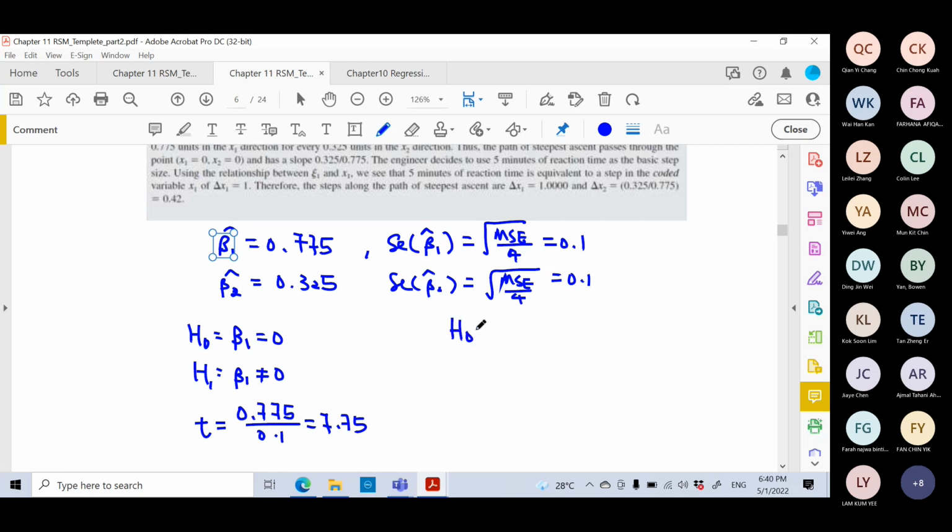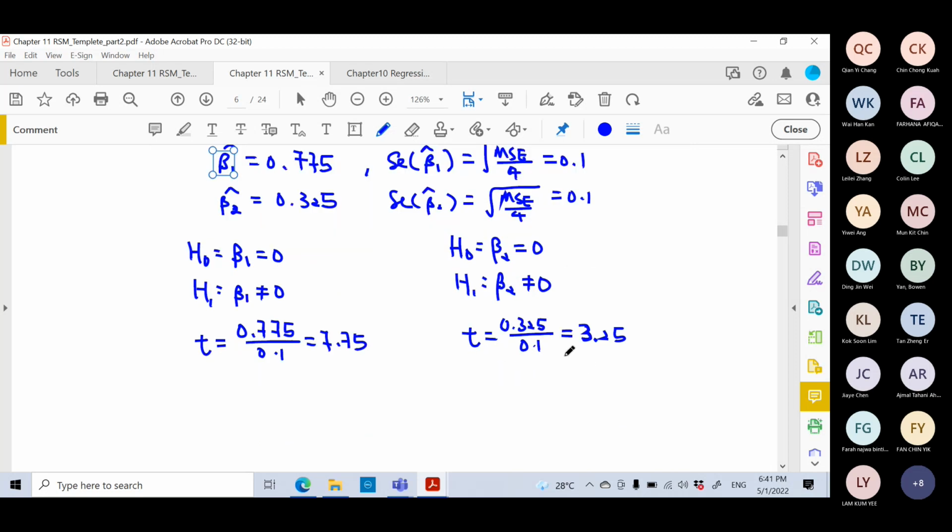Similarly, you can test beta 2 equal to 0 versus not equal to 0. So the t value will be here.